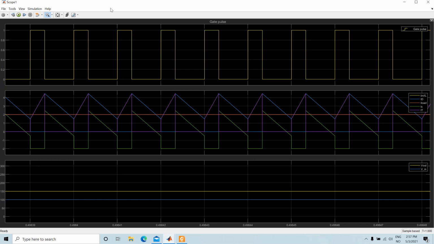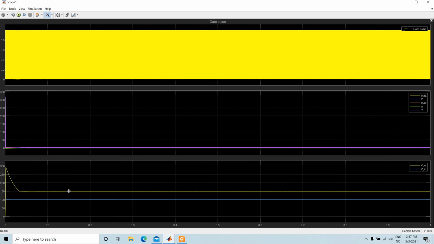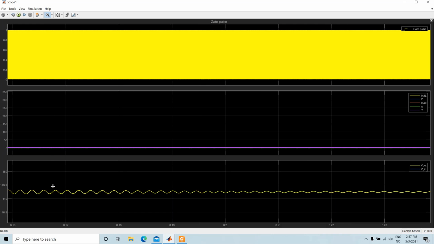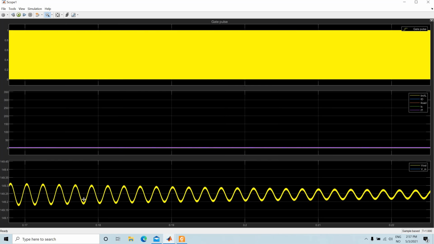Now if you look at this circuit again, you will see a not so significant ripple. There is a certain output ripple here as well. This is the amount of voltage ripple, which is not so high. This is the output voltage, and the ripple lies in approximately 159.17 to 159.3.